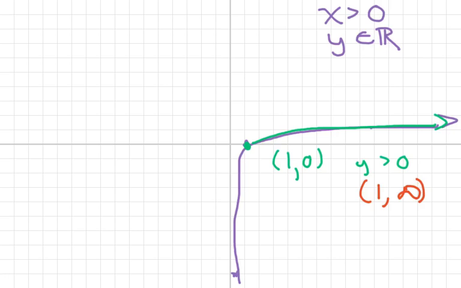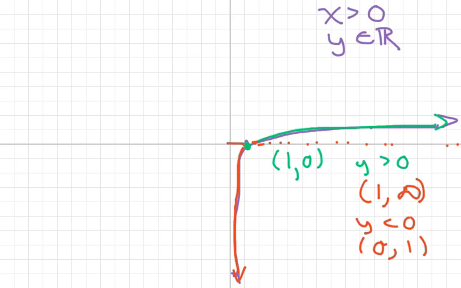Y is negative, so that means in quadrant 4, between 0 and 1. So basically from here to here is where your y is negative. And when you talk about the interval, you're talking about the x values.